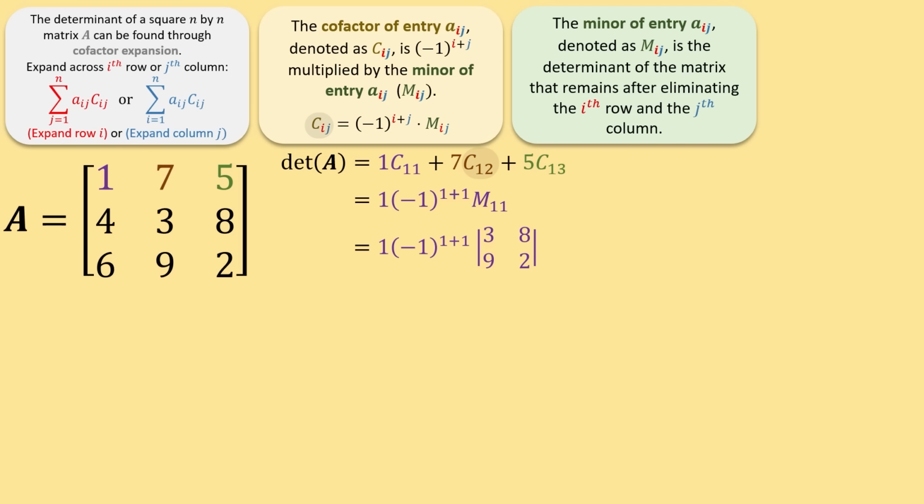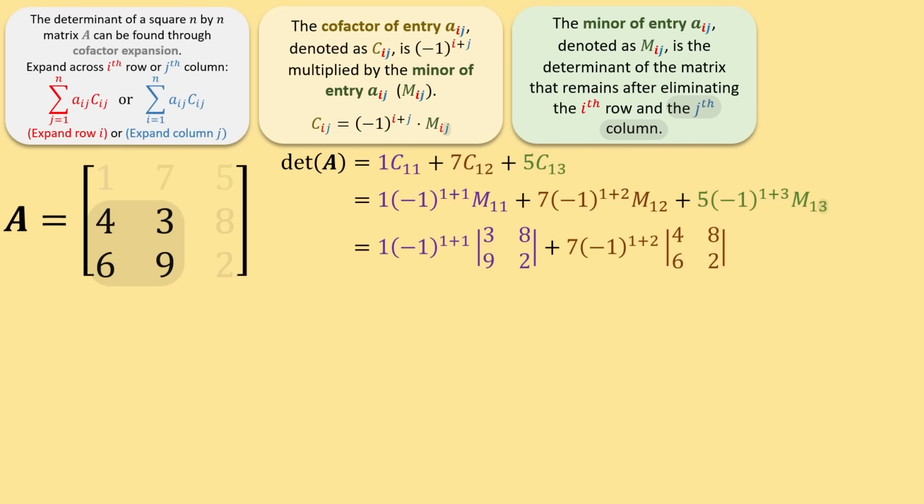C12 is equal to -1 raised to the 1 plus 2 power times the determinant of what remains when we cross out the first row and the second column. So we multiply by the determinant of 4862. We can replace C13 with -1 raised to the 1 plus 3 power times the determinant of what remains after we cross out our first row and third column, which is the determinant of 4369.